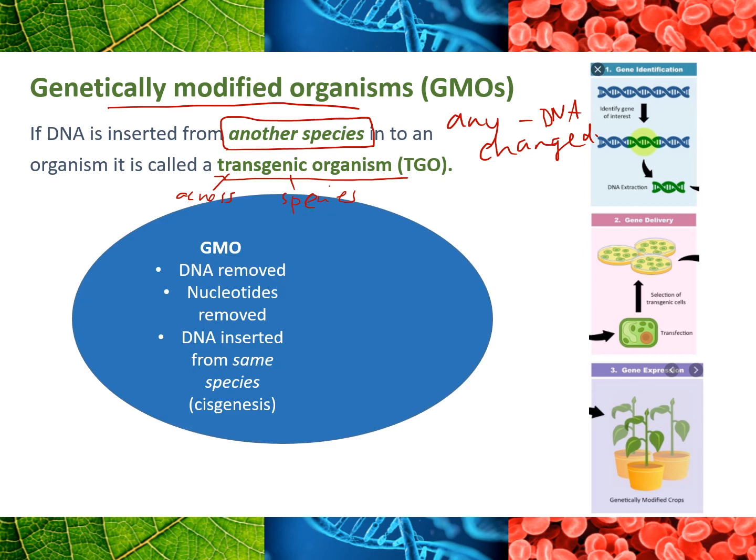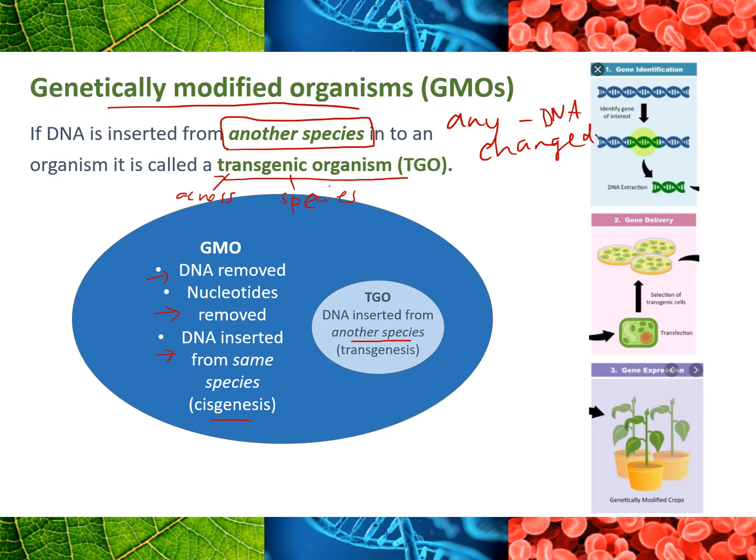Okay, so genetically modified organisms are basically what we said before. You can have DNA removed, you can have nucleotides removed or changed, you can have DNA inserted. If that DNA is inserted from another species, it's called a transgenic organism. Okay, if the DNA is inserted from the same species or it's artificial DNA, that is just a normal genetically modified organism.